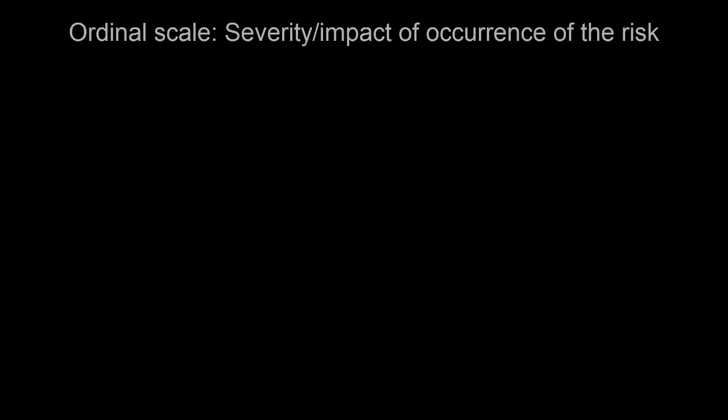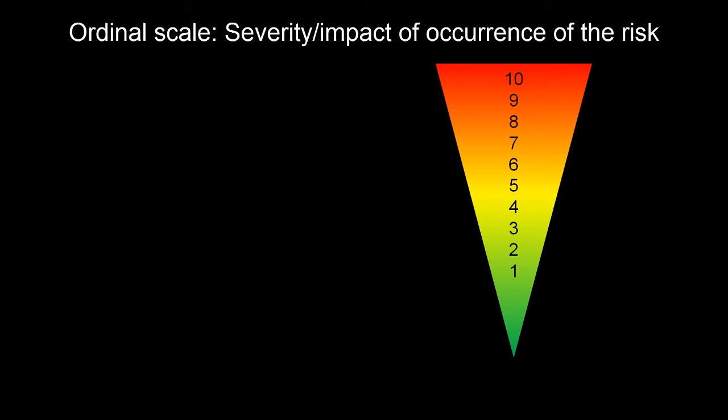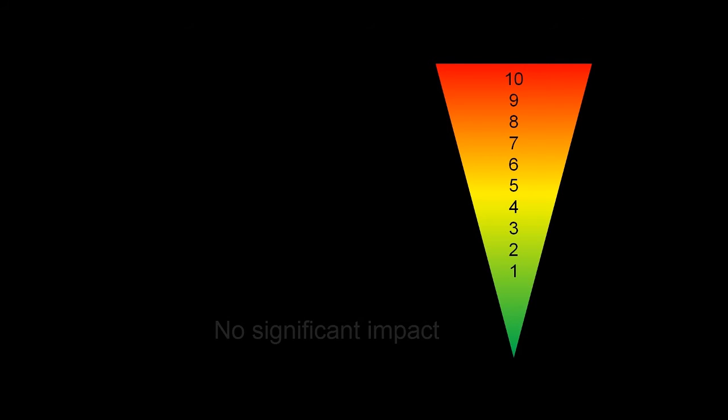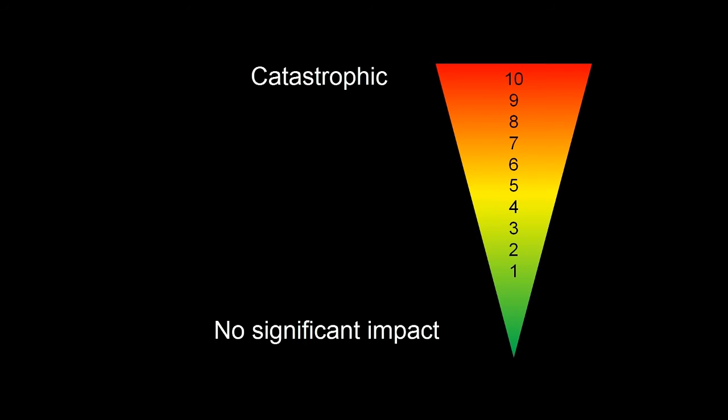Moving forward to step 6, this is where we assess the severity or impact of the occurrence of the risk. In this step, we are addressing how severe the occurrence of service delays would be on the subway system. Again, we are going to use an ordinal scale from 1 to 10 to score severity, with 1 being no significant impact and 10 being catastrophic.